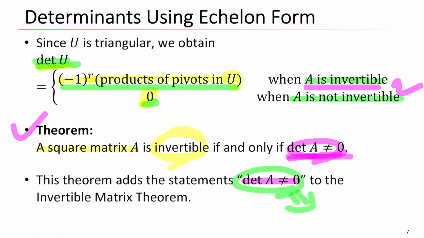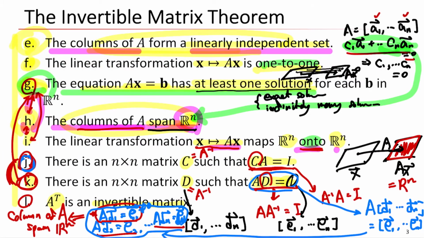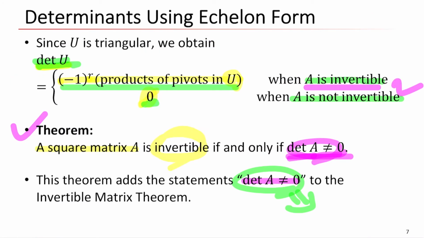If we can find the determinant and see whether the determinant of matrix A is equal to 0 or not, then we can understand the action of the matrix A, because they are all equivalent. This is why we introduce the determinant of matrix A. So this is the determinant using the echelon form.